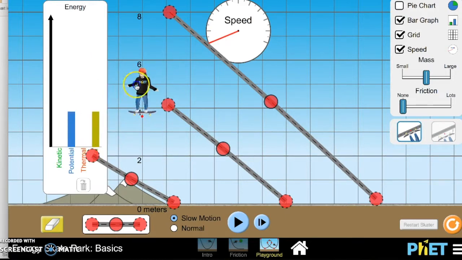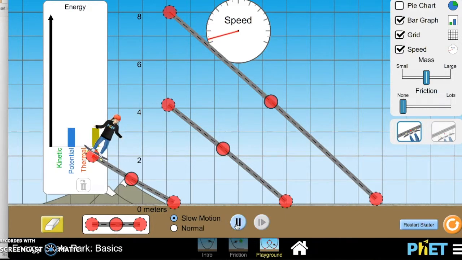So if I have this guy and want him to go from 2 meters, that's here, then he has that much potential energy, and it all will go to kinetic energy, which is moving energy. So if I let this guy slide, he'll go to a certain speed, and I want to figure out how much.